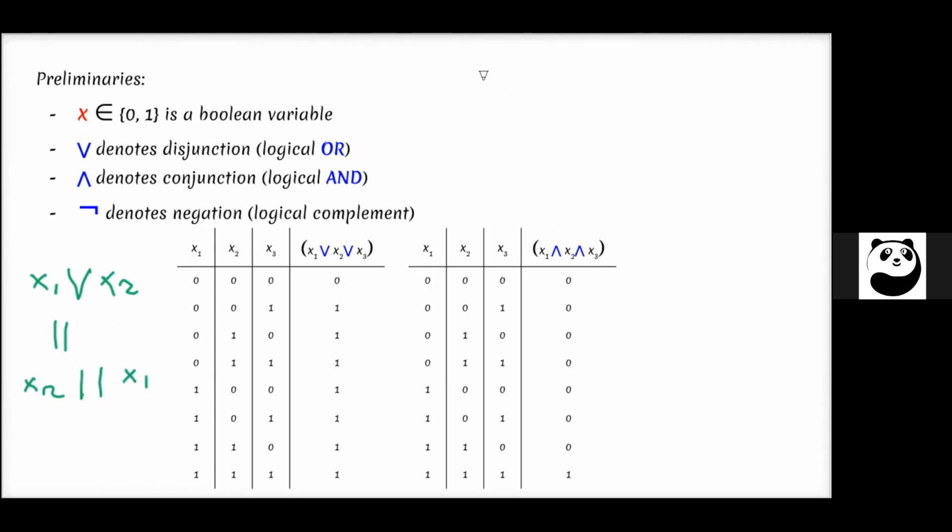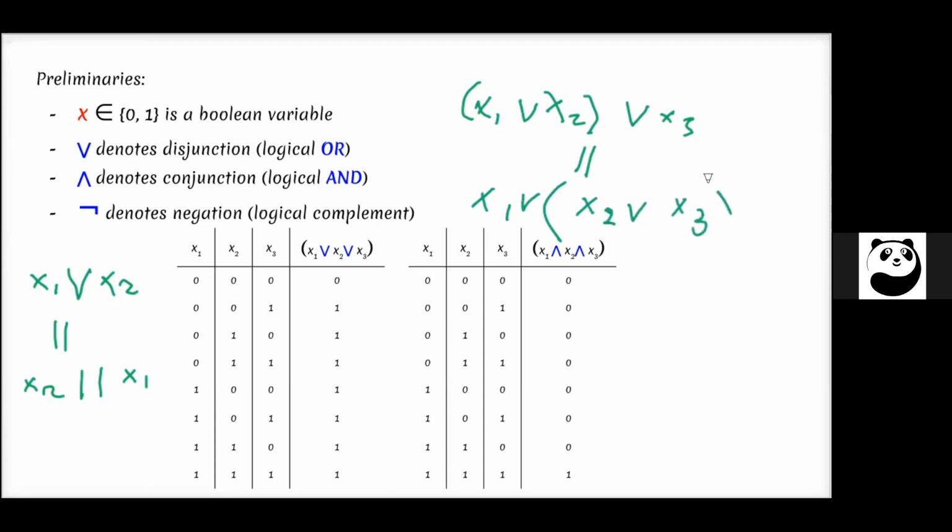And also when you have three variables, x1 operator x2 operator x3, whether it's and or or, is also the same thing as x1 with parentheses around x2 and x3. So order doesn't matter when you're evaluating these truth tables.